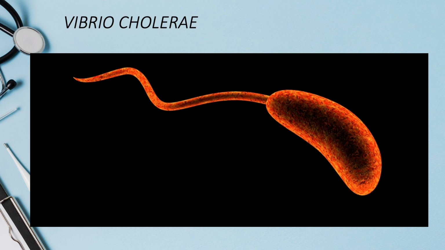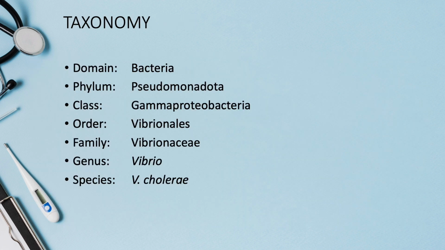How do we keep it in mind? It makes part of intestinal infections. And as we know, most of intestinal infections are caused by gram-negative bacteria. So this is how it will look under the microscope.